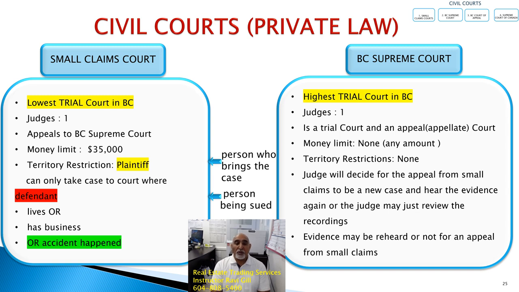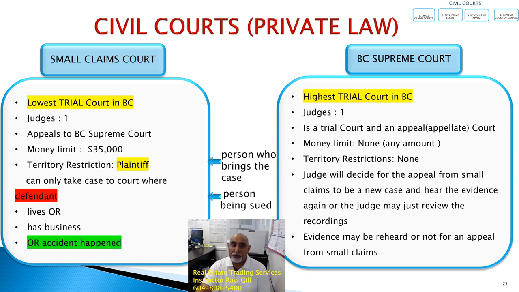Small claims court is the lowest trial court in BC. You notice the difference in your exam questions. Yes, you really need to know the terminology. Remember there are 4 courts: small claims, BC Supreme, BC Court of Appeal, and Supreme Court of Canada. We're looking at the first 2.